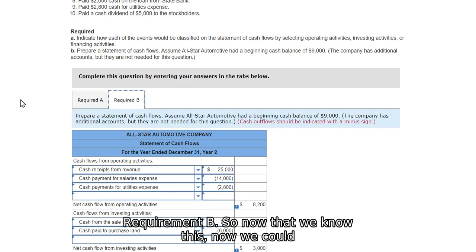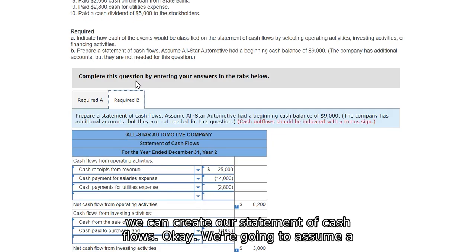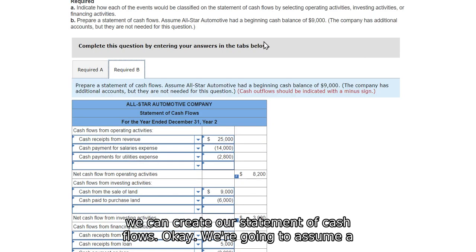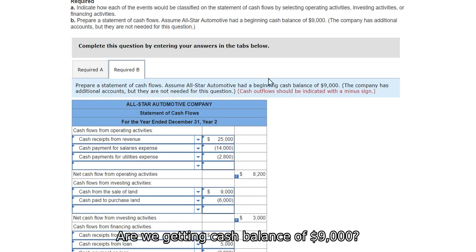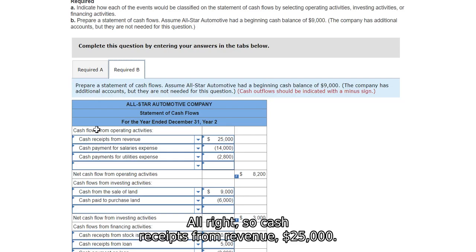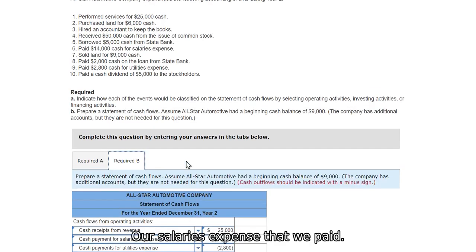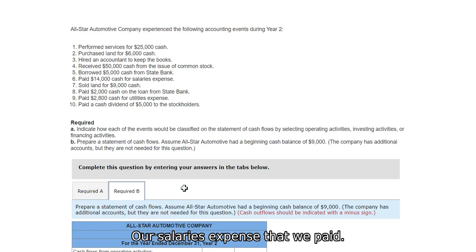All right, requirement B. So now that we know this, we can take that information and create our statement of cash flows. Okay, we're going to assume a beginning cash balance of $9,000. All right, so cash receipts from revenue, $25,000. Okay, our salaries expense that we paid.